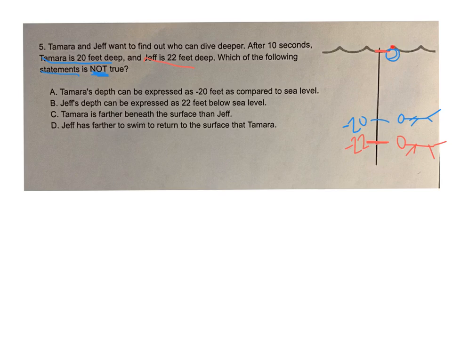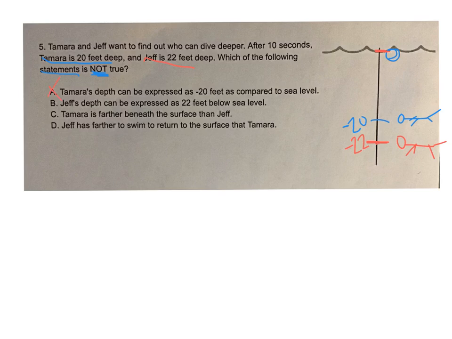If sea level is a 0, when you compare it to that, it's down further. So it is negative. I agree with you. So I think A is true. But we're looking for things that are not true. Right. So depth does mean that it's going to be the negative, but it's talking about the negative 20 comparing to that sea level. Okay, so since that's true and we're looking for not true, I'm going to just cross off A. Done with that one.